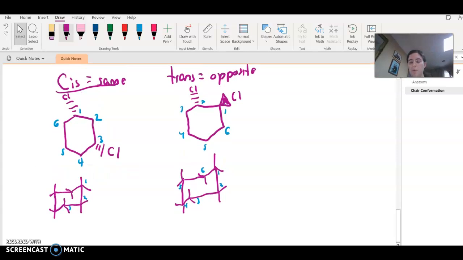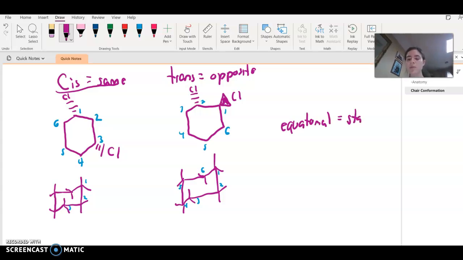Now, how do we know which one will work better if they're different? Which conformation will be more stable? So in an ideal world, we want as many things to be equatorial as possible because that is the most stable. So equatorial is more stable compared to axial. Axial is less stable. But as you just saw, sometimes things have to go in a certain direction.